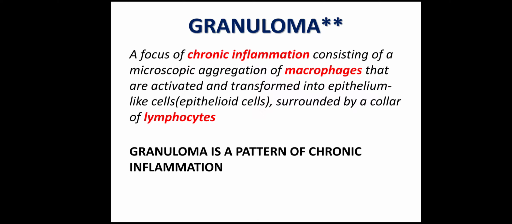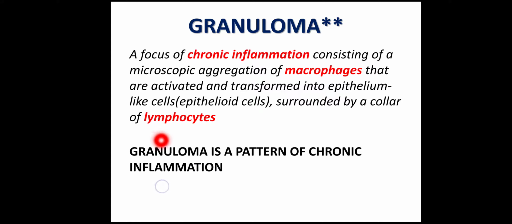So, what is a granuloma? A granuloma is a focus of chronic inflammation consisting of a microscopic aggregation of macrophages that are activated and transformed into epithelioid cells. Epithelioid cells means they look like epithelial cells, and they are surrounded by a collar of lymphocytes.